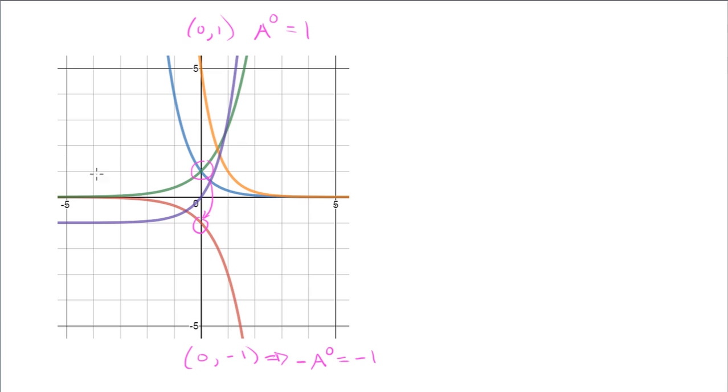So what I'm thinking right here is that this value is something like negative, I don't know, this is 1, so 1, 2, 3. So that's 3. So this is about negative 3 to the x. As x gets bigger, it gets more negative. So I think we've got negative 3 to the x because this looks to be about 1, 3.